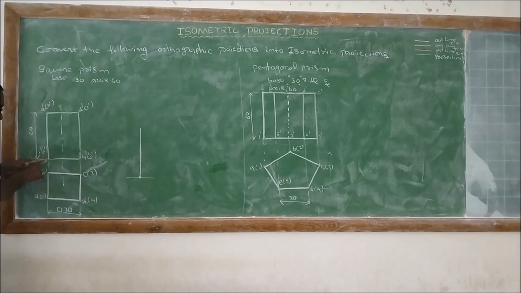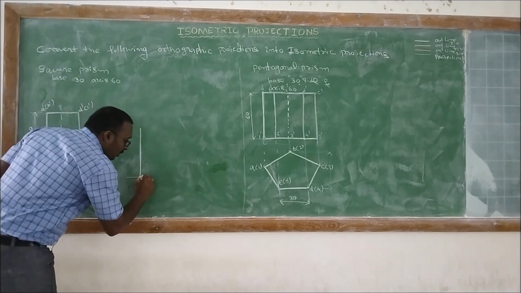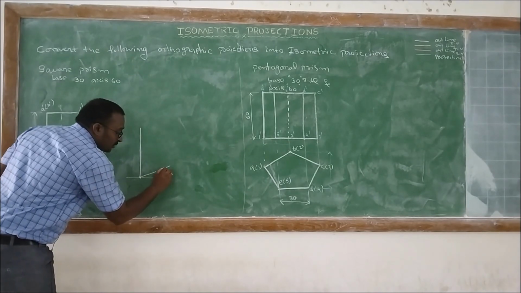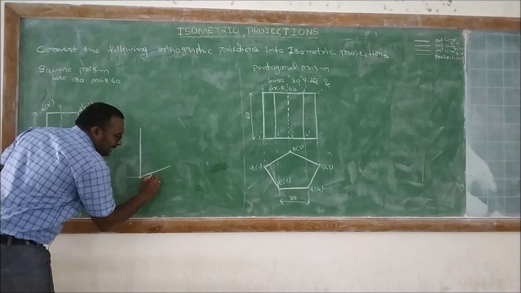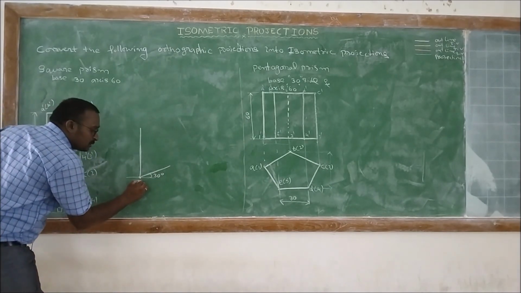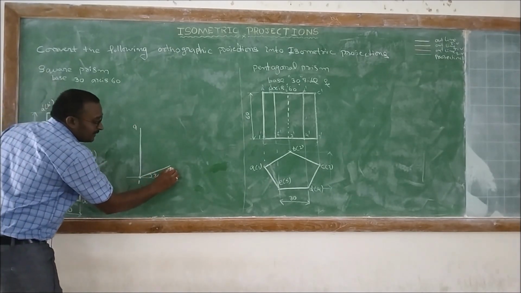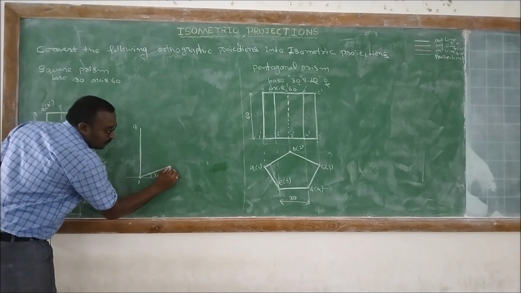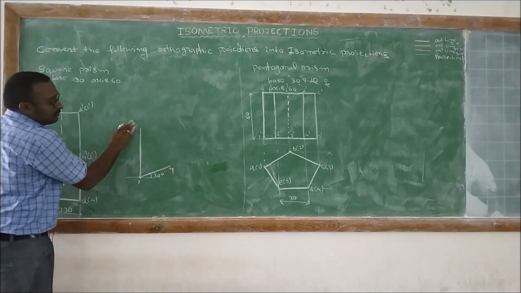And then 1-4, horizontal line should be inclined at 30 degrees to the ground. So here it is 1A and then here this is the point 4.